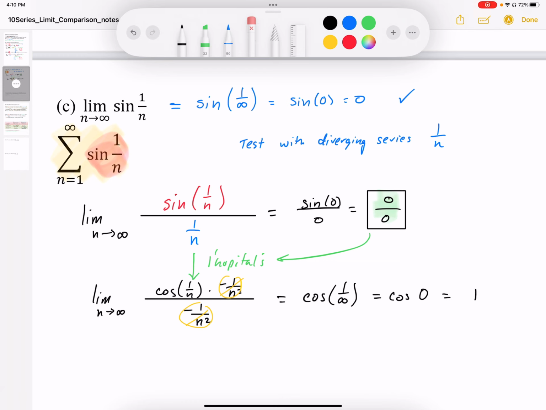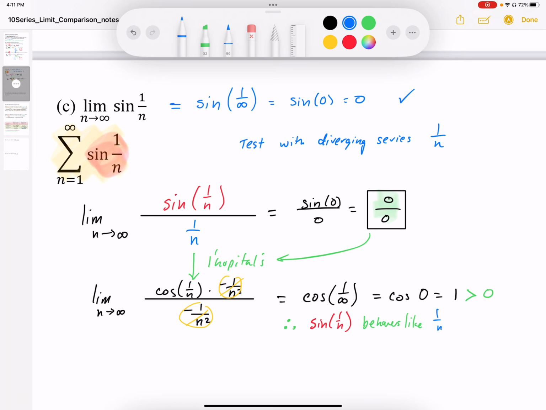Okay, so what's my conclusion then? If my limit is equal to 1, or any non-zero finite number, my conclusion is this is greater than 0. Therefore, sine 1 over n behaves like 1 over n.